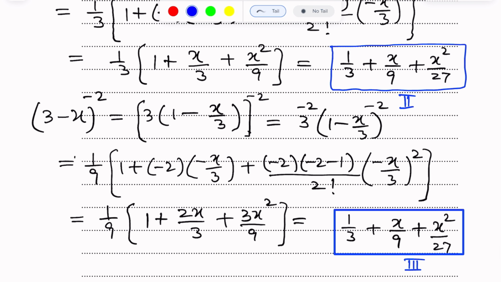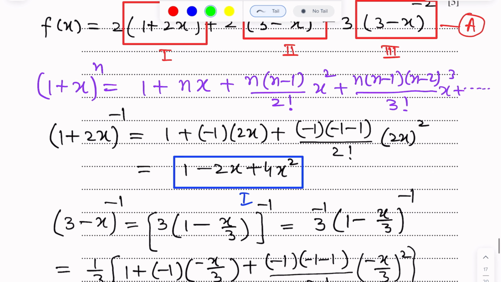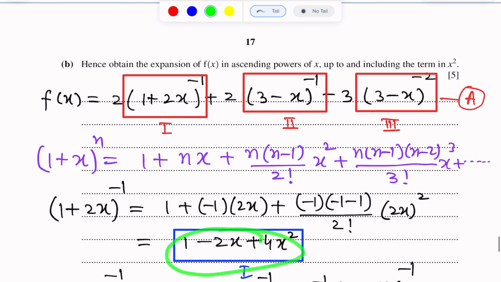Now we will put these expanded forms in the related boxes.